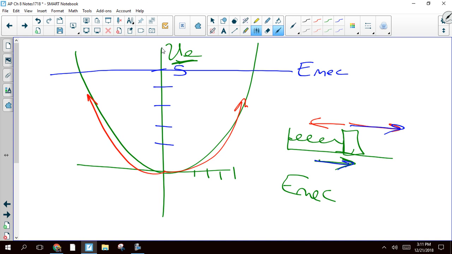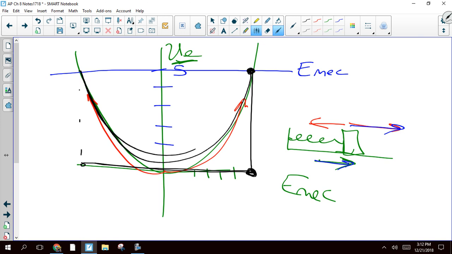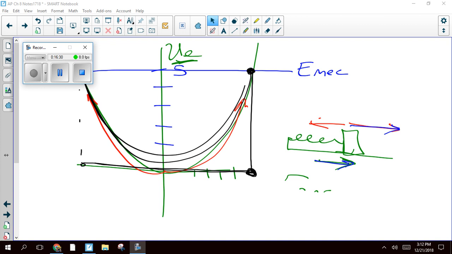And so the object is going to oscillate back and forth between this position and this position. At this point, all of its energy is potential energy. And then it's going to oscillate back and forth, back and forth. So in essence, our object is oscillating.